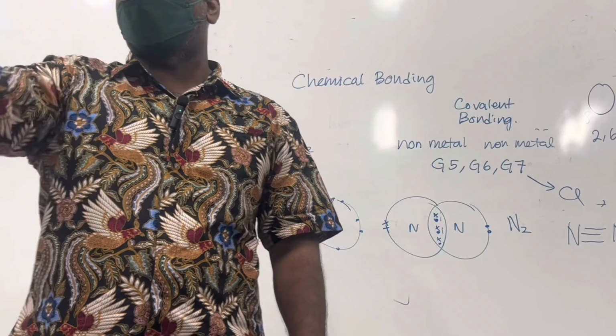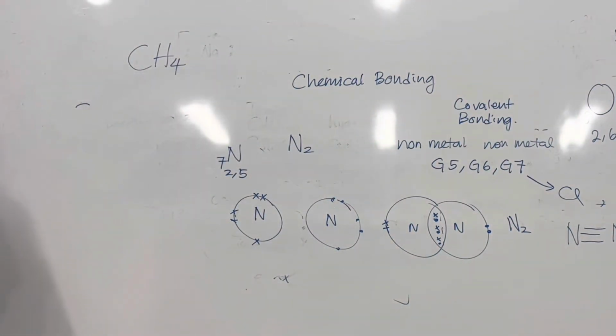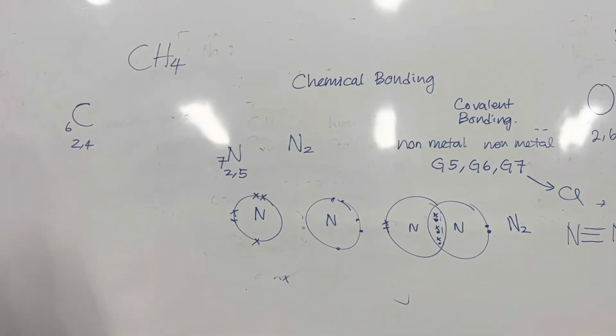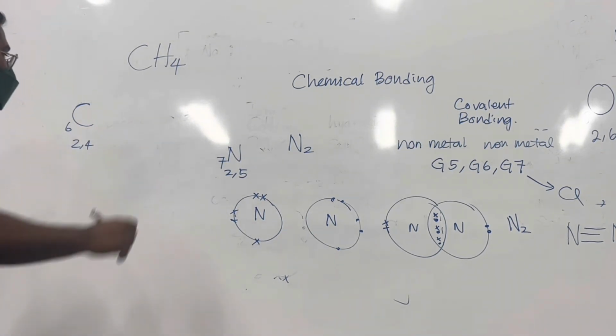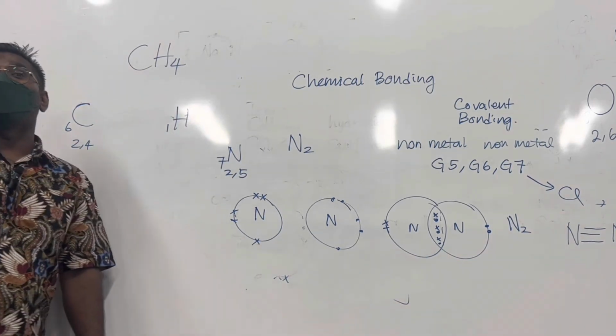It is set separately. CH4 is an example of a covalent compound. Carbon is 6, so 2, 4. It has 4 valence electrons. Hydrogen has only 1 valence electron, so it needs 1.